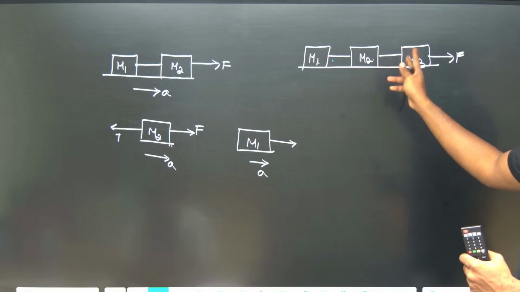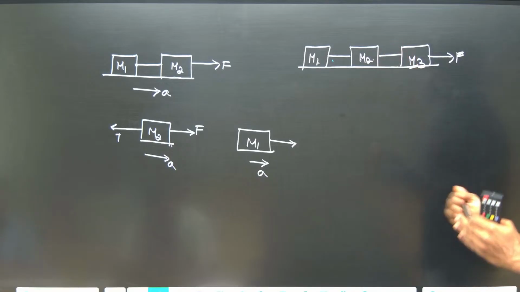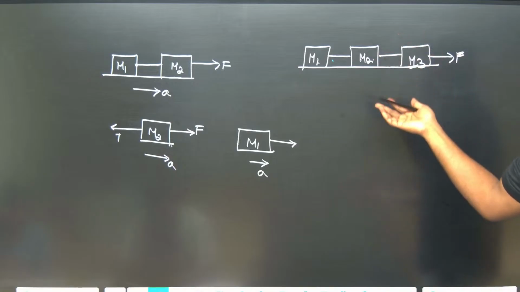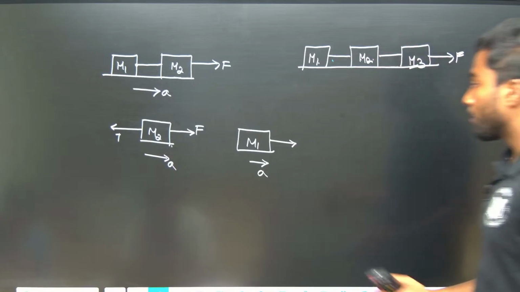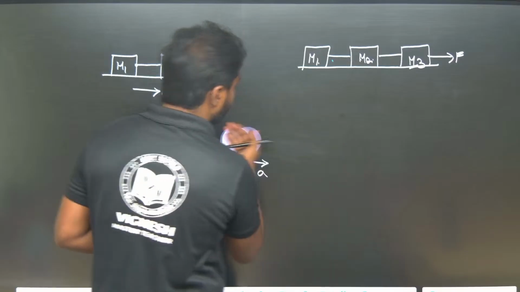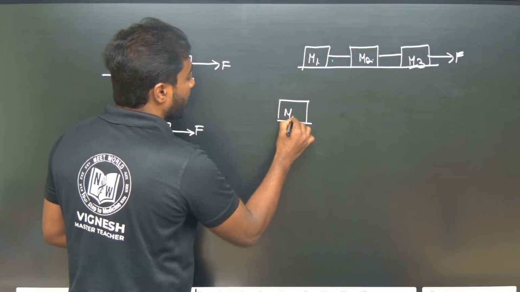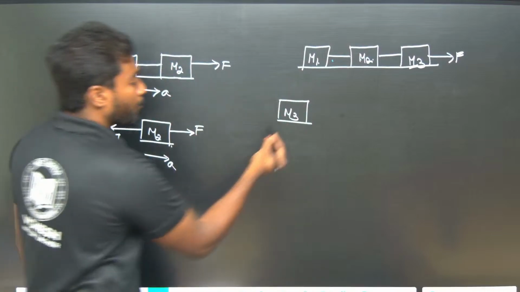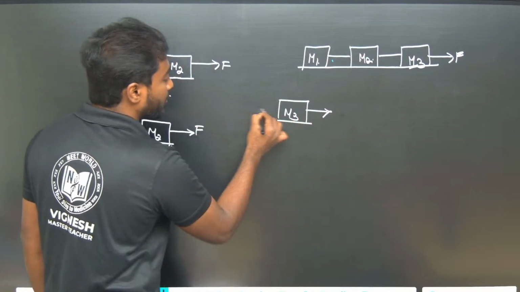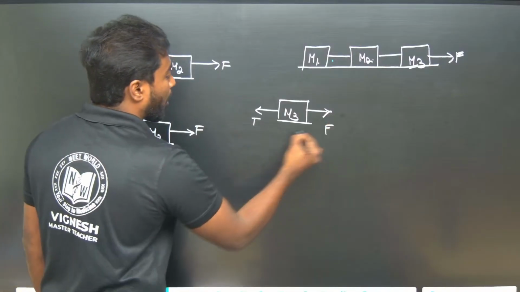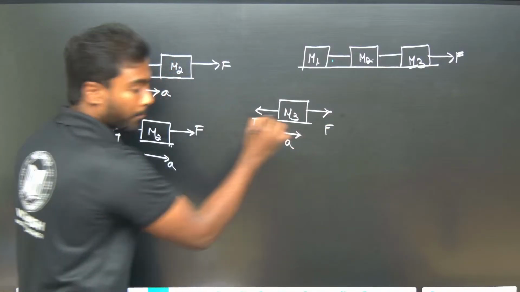I should take a different T, because the tensions may not be the same. If I consider m3 first, the force is in this direction, tension is in this direction. This is T, and this is my F. The object will be going in this direction, A.